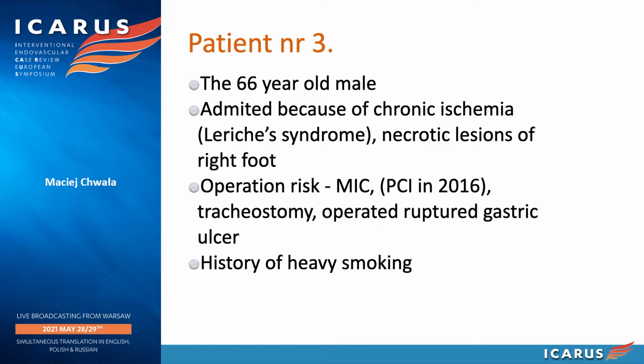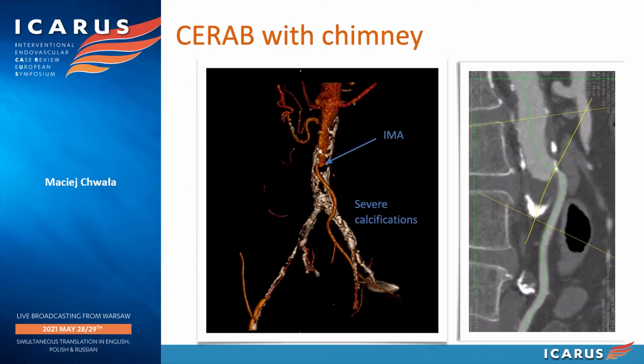The third patient was operated on because of Leriche syndrome, not because of an aneurysm. He also had very high operation risk and a hostile abdomen because of an operation for a ruptured gastric ulcer in the past.